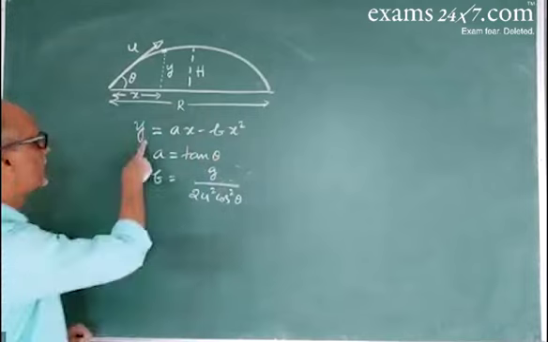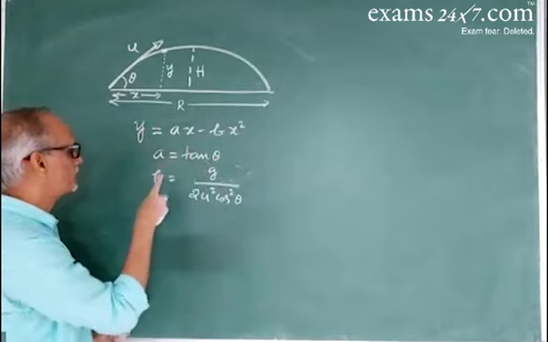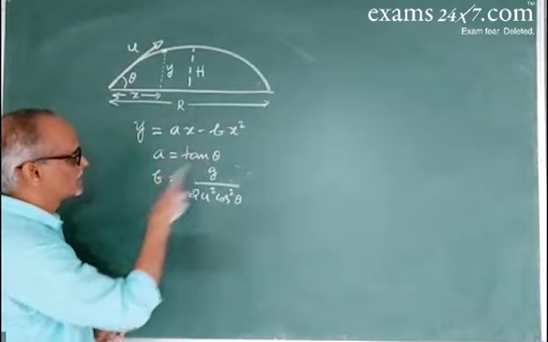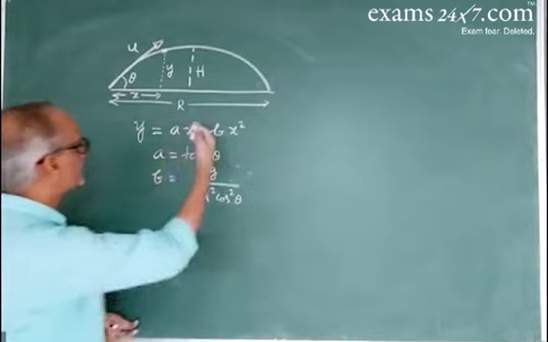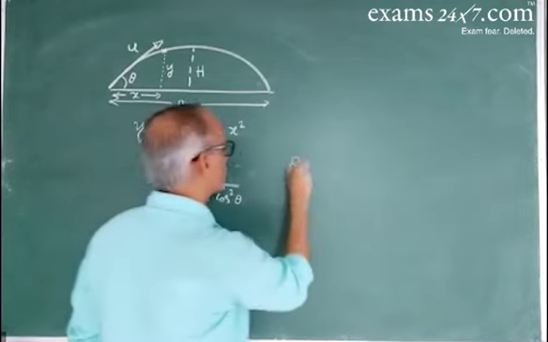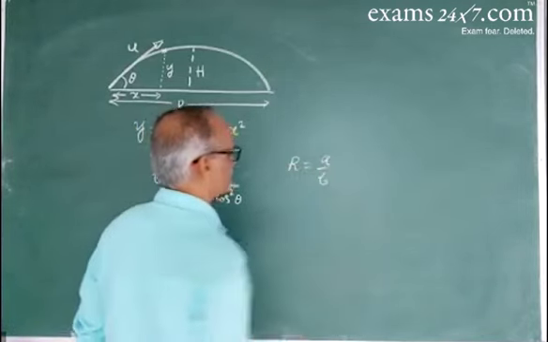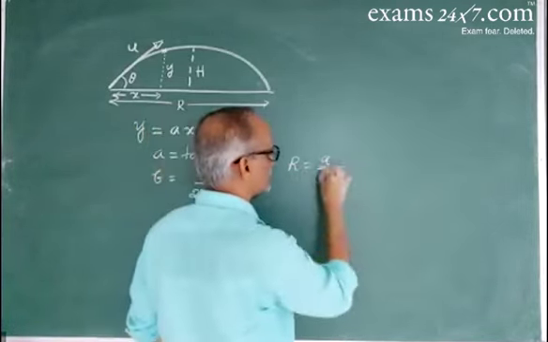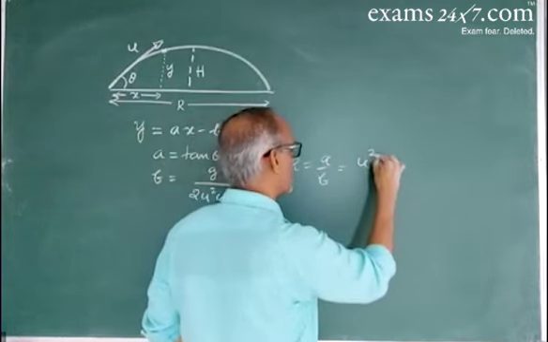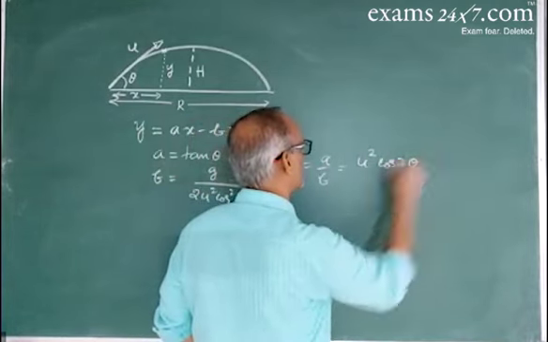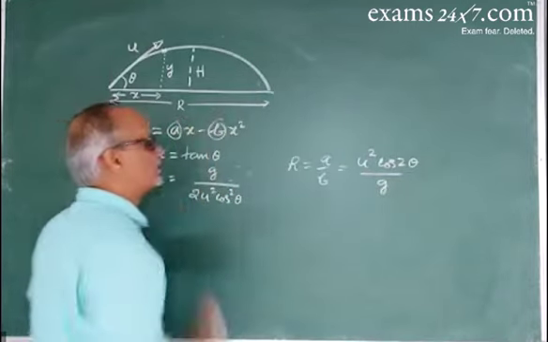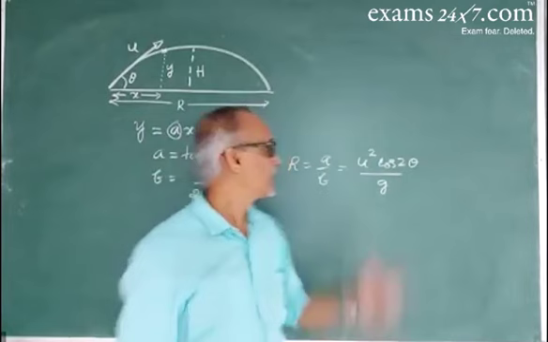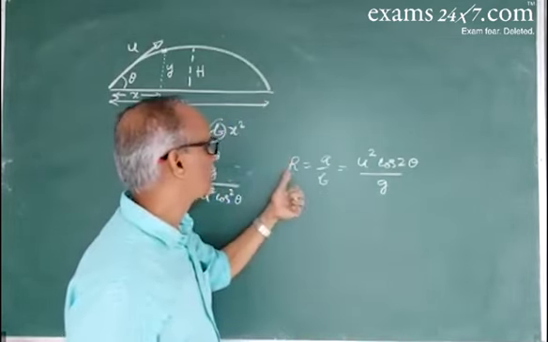So therefore we have a is equal to tan theta, and b is equal to g by 2u square cos square theta. Now by dividing a by b, we are going to get the range. R is equal to a by b. And what is a by b equal to? It is u square sine 2 theta by g. So if these coefficients, a and b, are divided, you will end up getting the formula for the range.